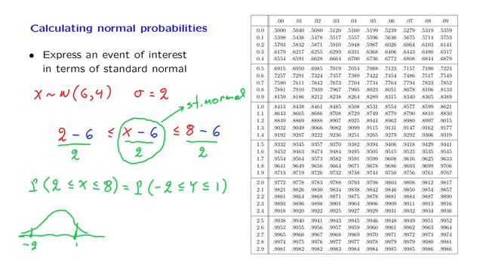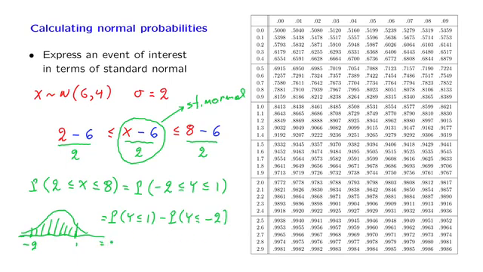This is the probability that it is less than 1, but we need to subtract the probability of that tail so that we're left just with this intermediate area. So this is the probability that y is less than 1 minus the probability that y is less than minus 2.